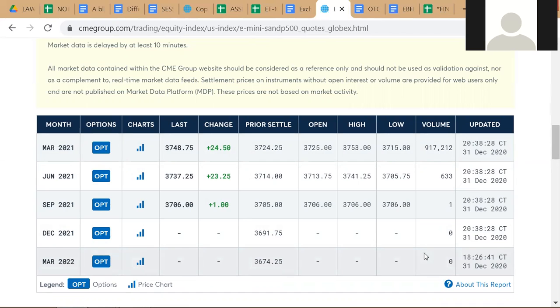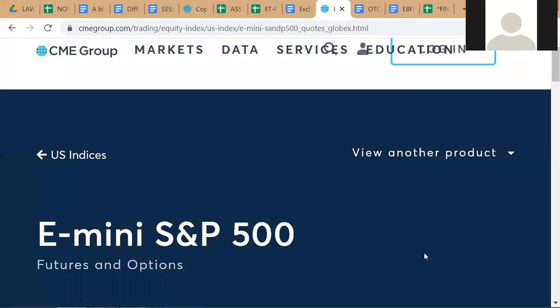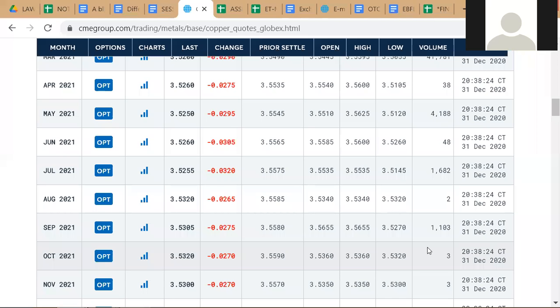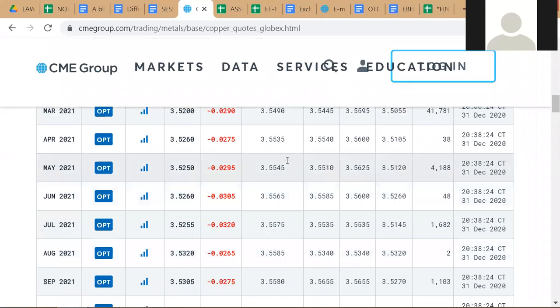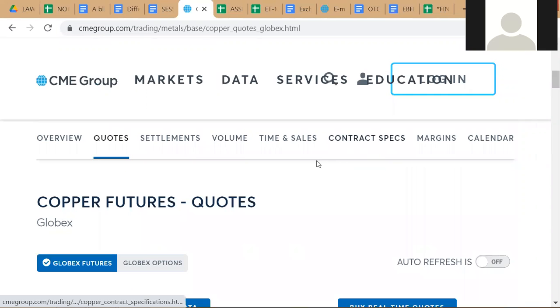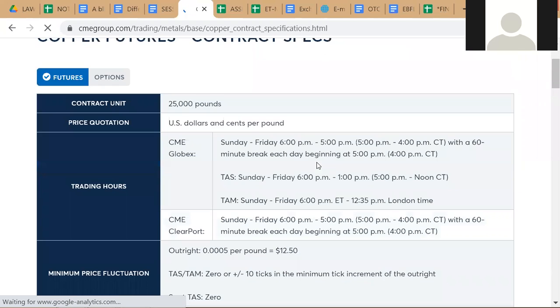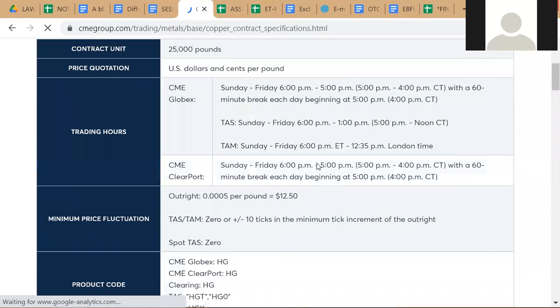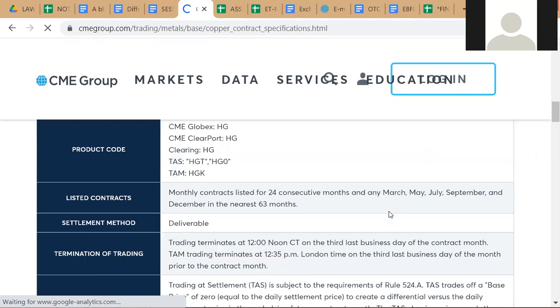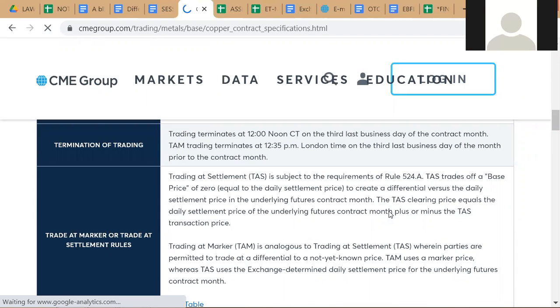When you talk about when the contract is finally settled, since we are talking about long-term contracts, let's talk about the copper contract. Let's go back to the contract specs. What do they have to say about termination of trading?